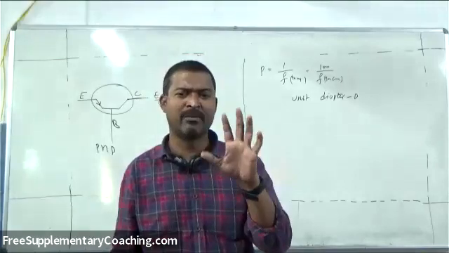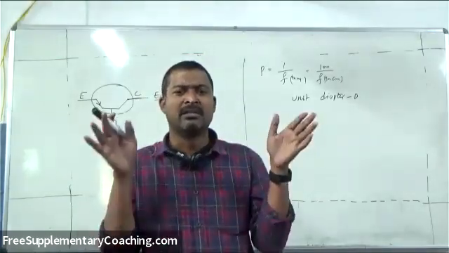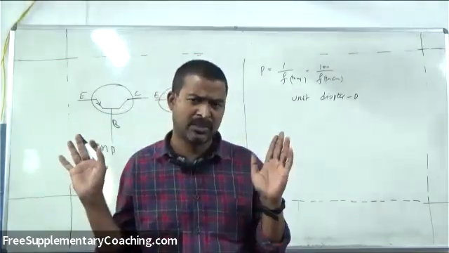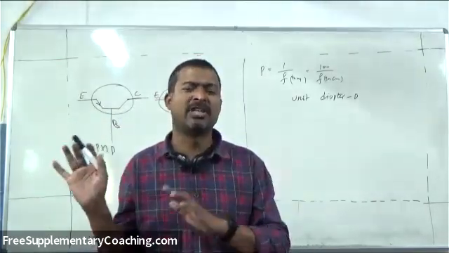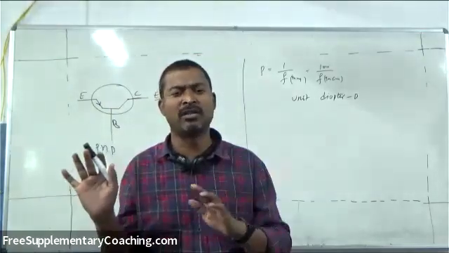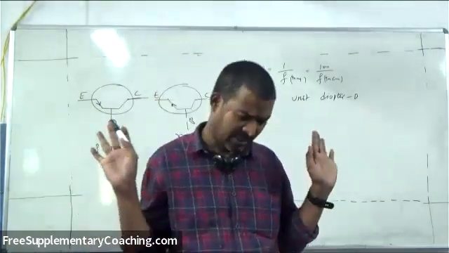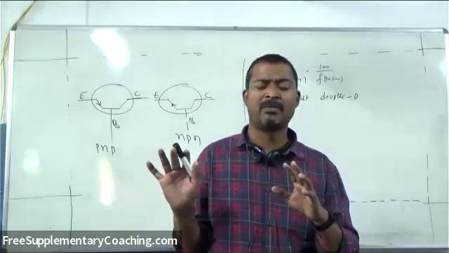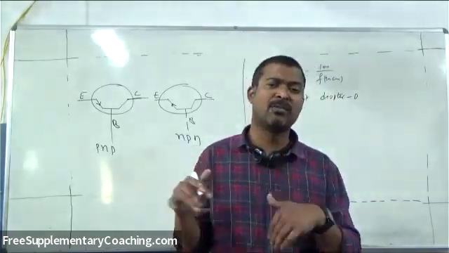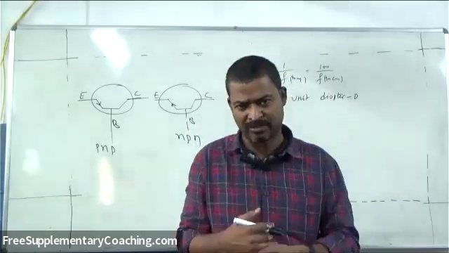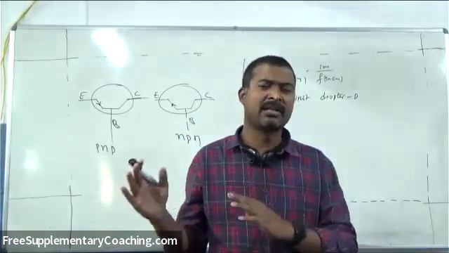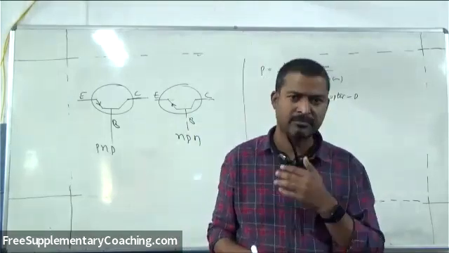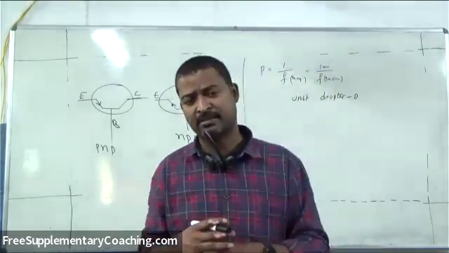Simple, if they ask about myopia, you need to write: the person who is not able to see far objects clearly, and this can be corrected by using a proper focal length concave lens. Next, hypermetropia: the person who is not able to see nearby objects, and this can be corrected by using a convex lens. Clear?